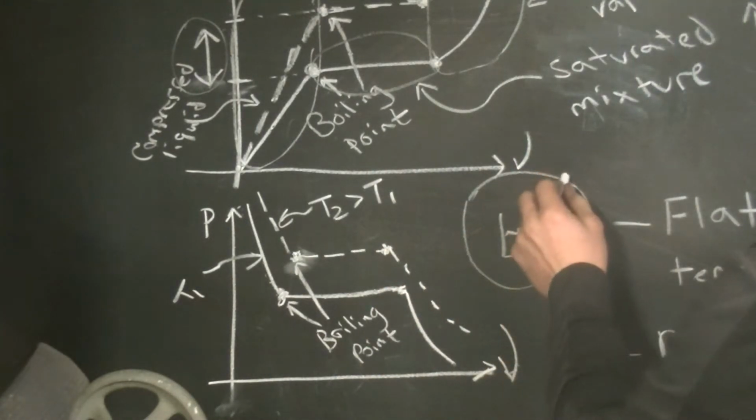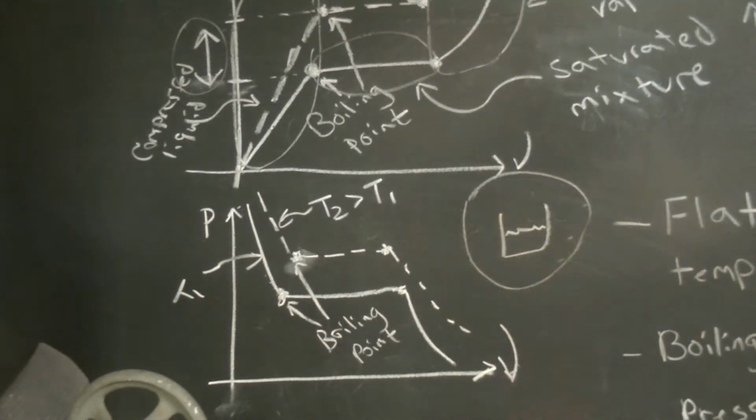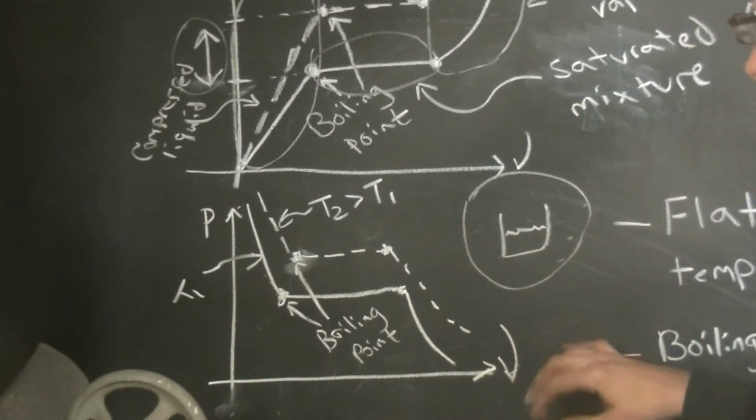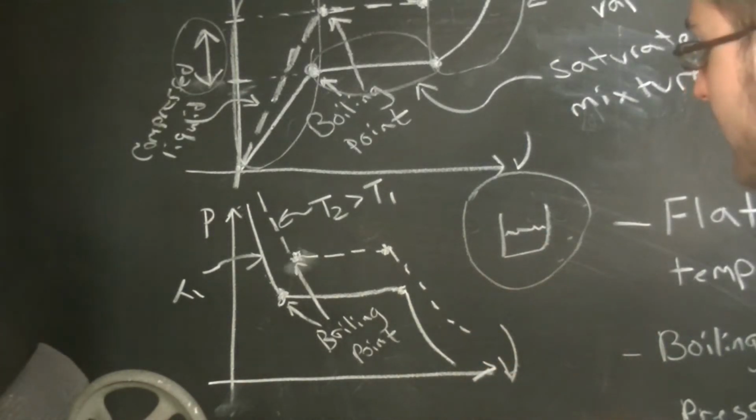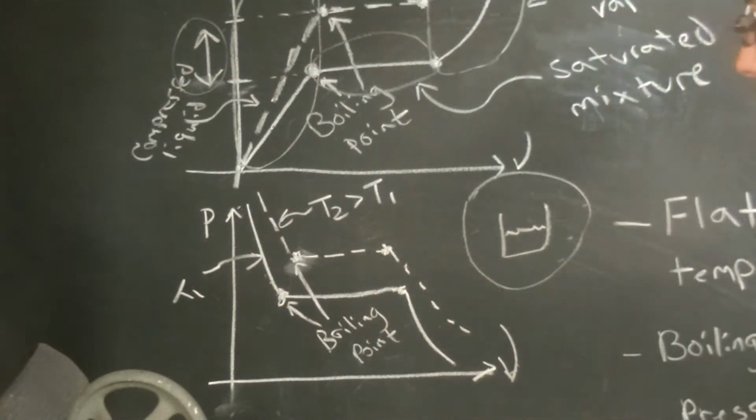And let's say we have the ability to change the pressure in this container around the substance. So at a particular temperature, let's say T1, that's going to be this solid curve here.